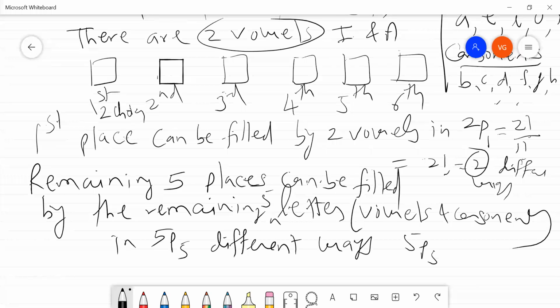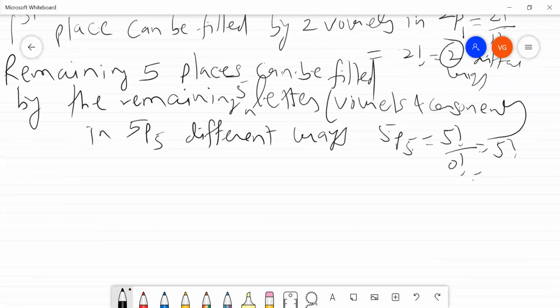5P5, what is its value? 5 factorial divided by 5 minus 5, that is 0 factorial. So the answer is 5 factorial. What is 5 factorial?